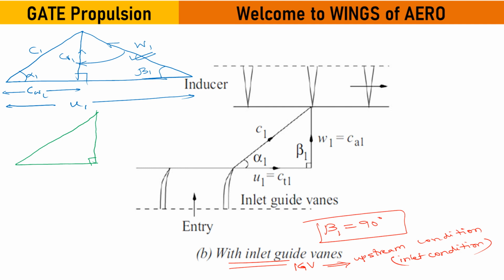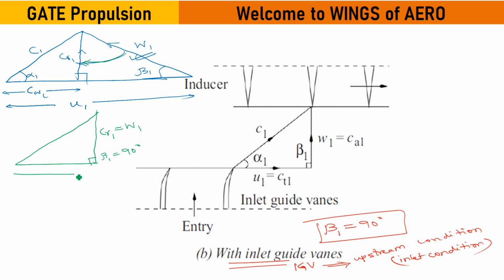Fine, they can also ask you this type of question. Now here I said the beta 1 is 90 degree, so this one is going to converge over here. So here I can write CR1 is equal to W1, beta 1 equals 90 degree, right?